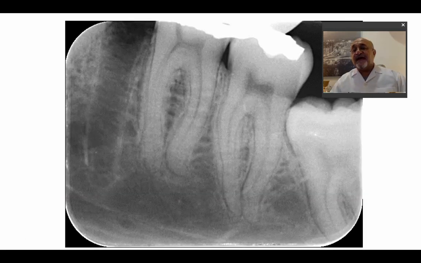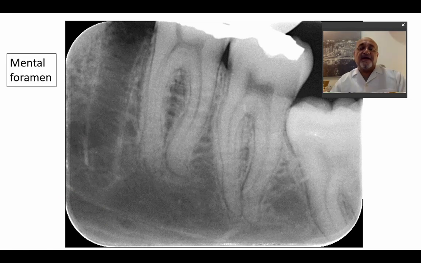So this is, again, as we said, more or less affected by the anatomical variation and the direction of the X-ray beam, which again plays a role in either bringing the level of the foramen up or bringing it down.